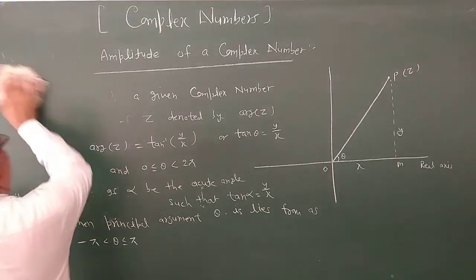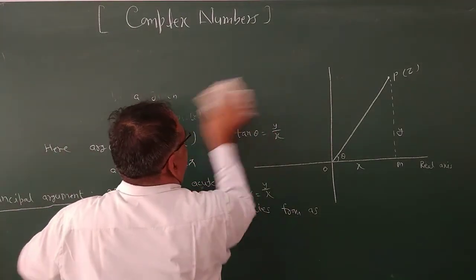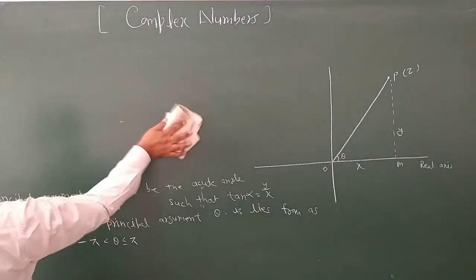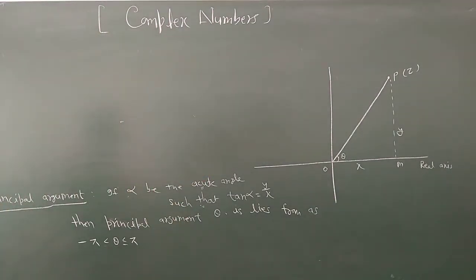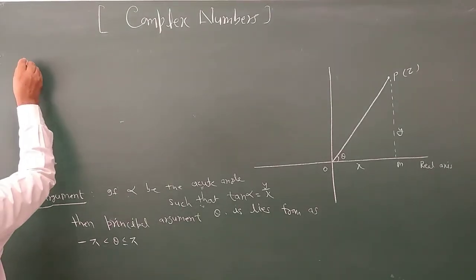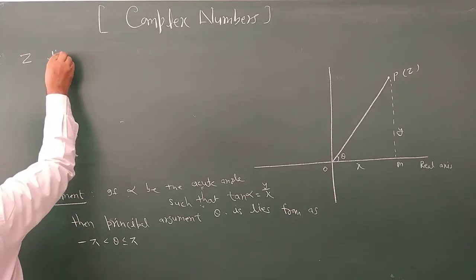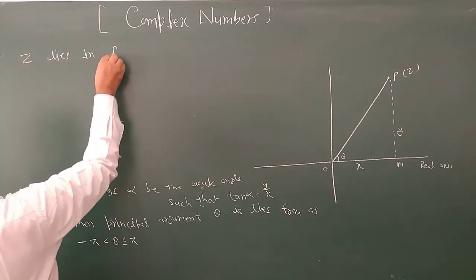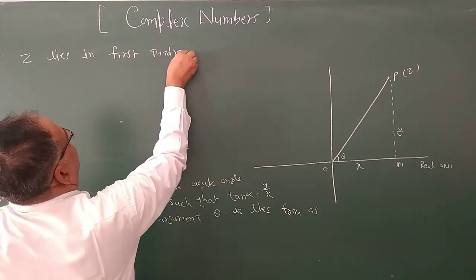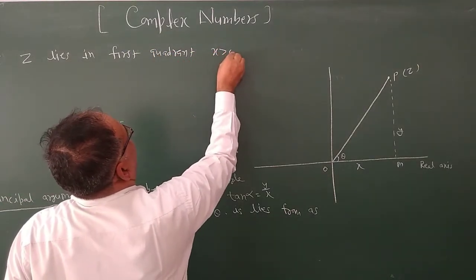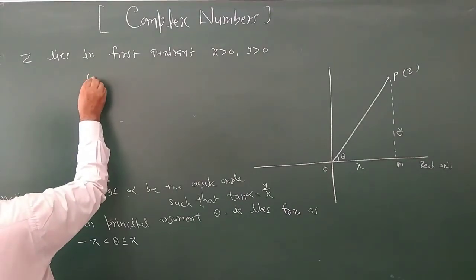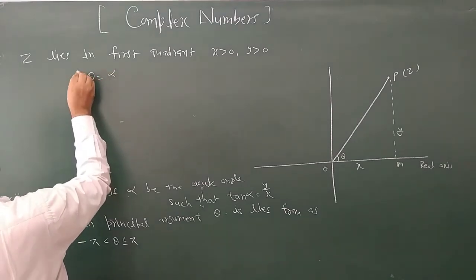This is saying that if z lies in the first quadrant, x positive, y positive, then theta equals alpha.